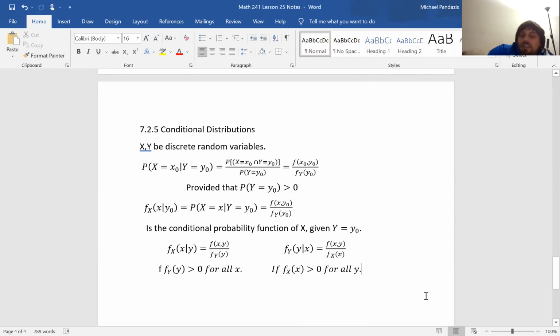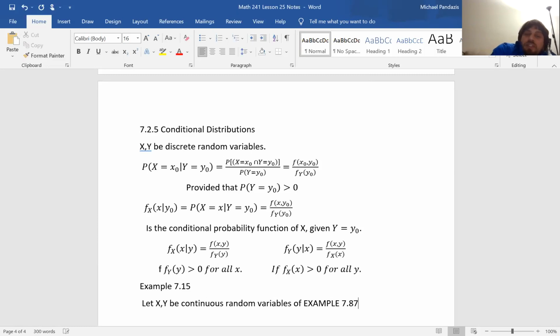Okay, let's assume example 7.15. Let x, y be continuous random variables of example 7.8.